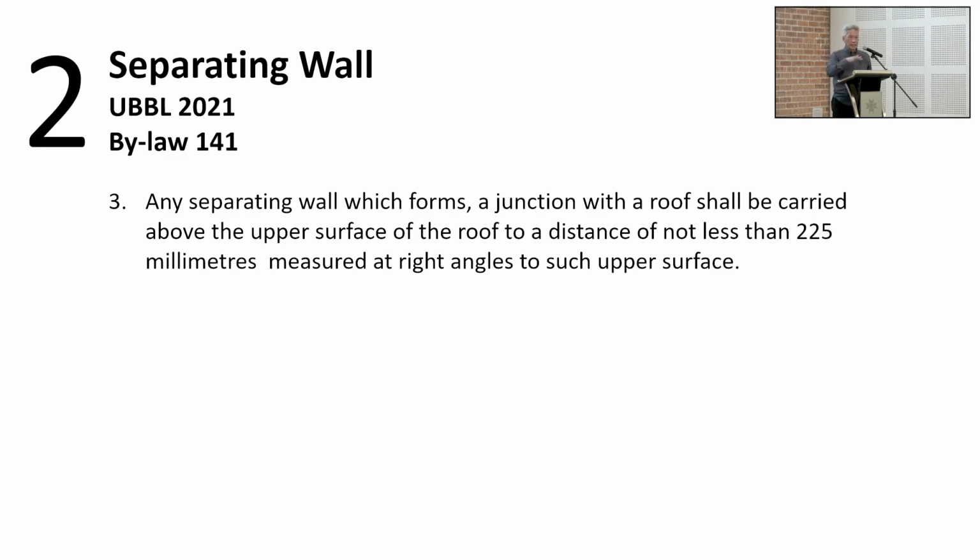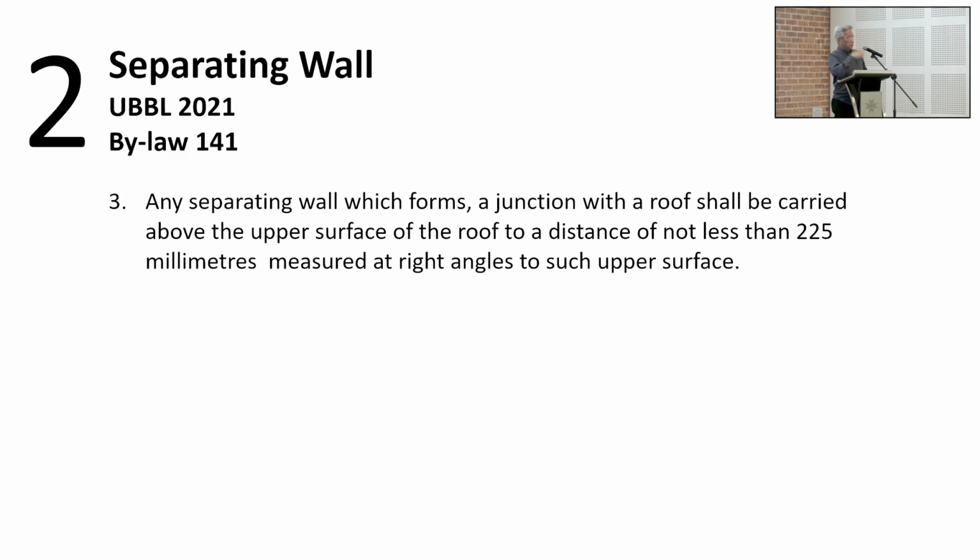And then if you permit any utilities and all that to go through, you will then need to fire stop it. And if you build a doorway through a separating wall, you will then have to install a fire rated door to the same rating as that wall.